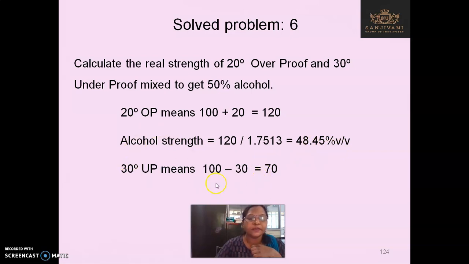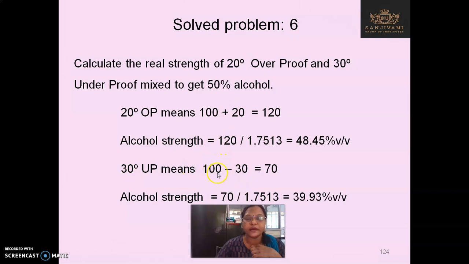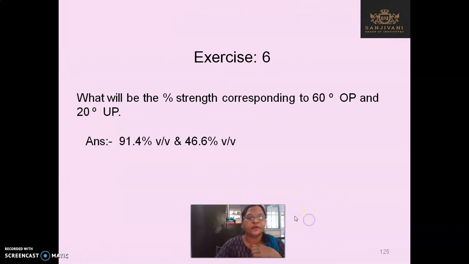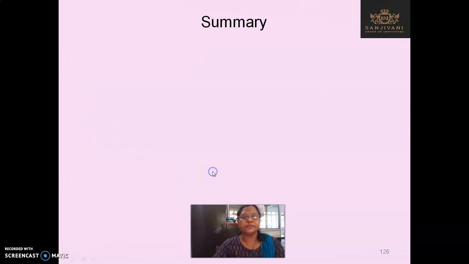Again, 30 degree UP means you have to subtract that from 100. 100 minus 30 is equal to 70. Alcohol strength is 70 divided by 1.7513, which gives this much percentage. This is for your exercise. You can do it at home.